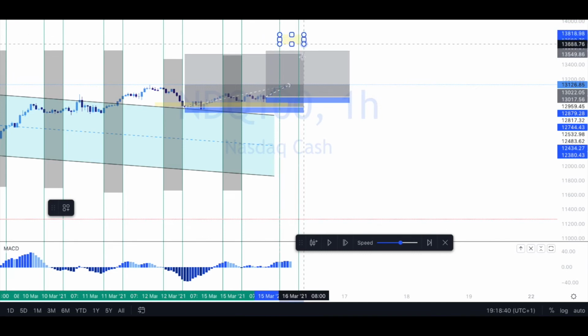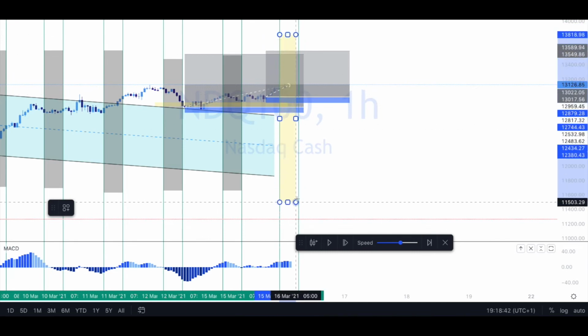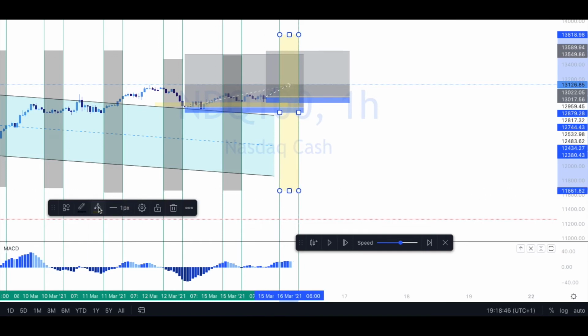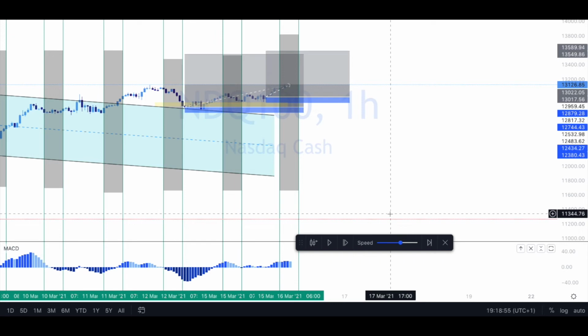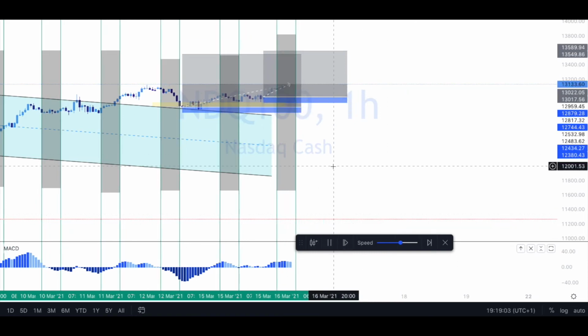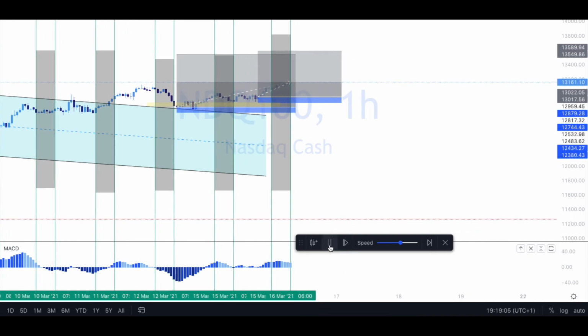Just painting the zones. I'm just going to make this black. Okay. Would I have bought in a trailing stop? I bought one in already, so I wouldn't have done anything. And plus, it's sleeping. I was in the zone, so I can't do anything. Should have done it earlier.